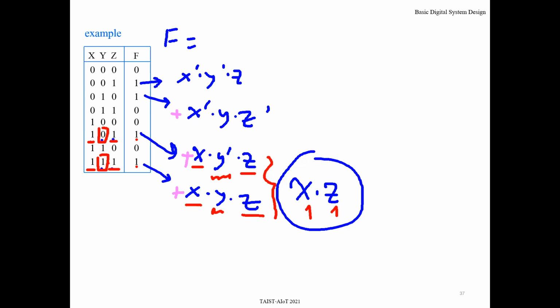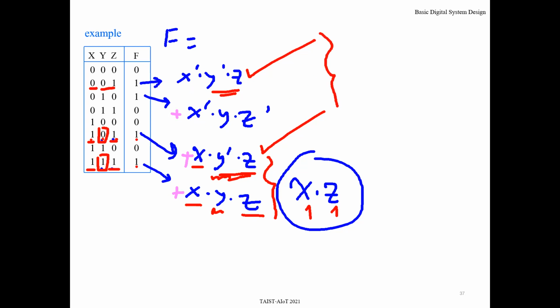So what else? This term also, this one is different. This one is 0, 0, 1 and this one is 1, 0, 1. This term and this term: y prime z, right? X prime, x.